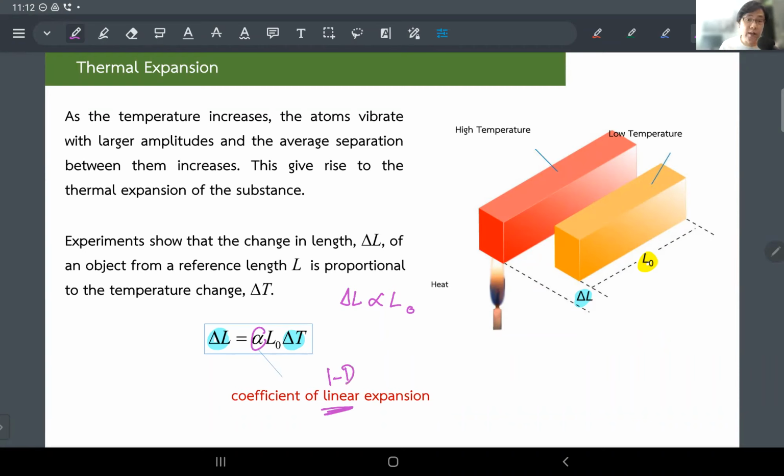So what you are looking at at this point is the expression that calculates the change in the length of the material that has the initial length of L naught and has gone through the temperature change of delta T, and that material has the coefficient of expansion alpha. We use alpha for that. And that's it. This is a linear equation, easy to use, easy to apply, and you just calculate them.